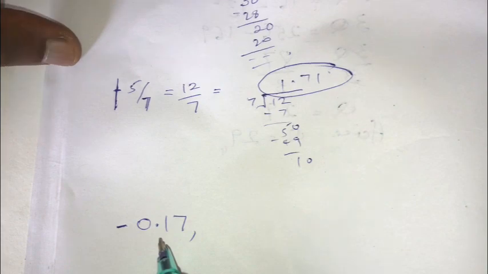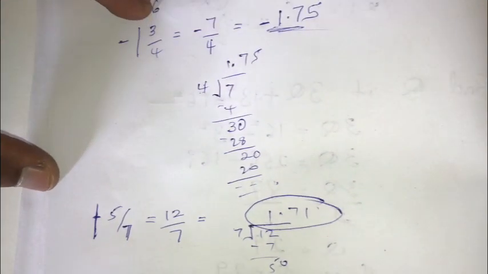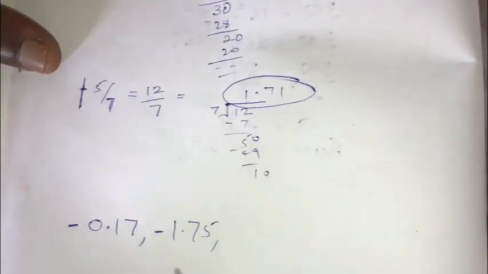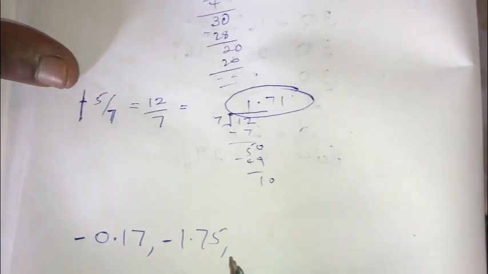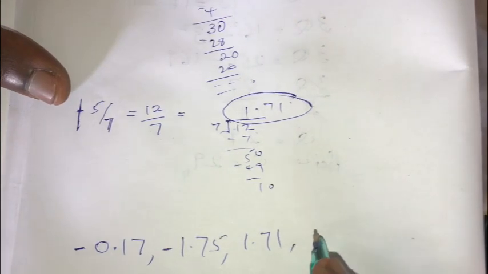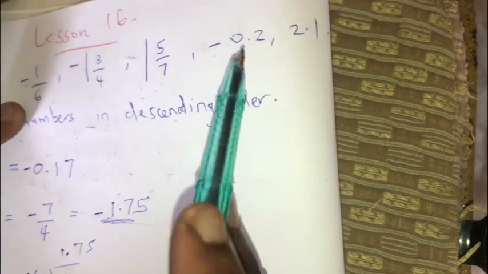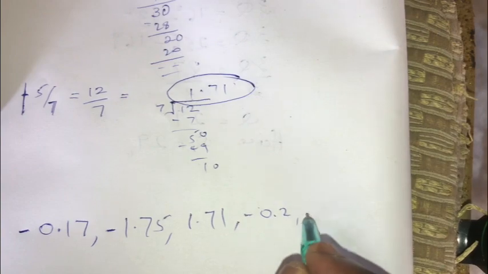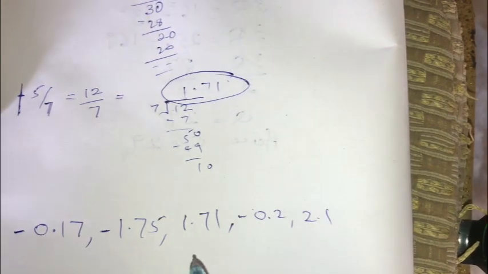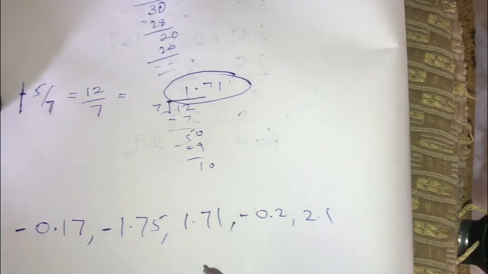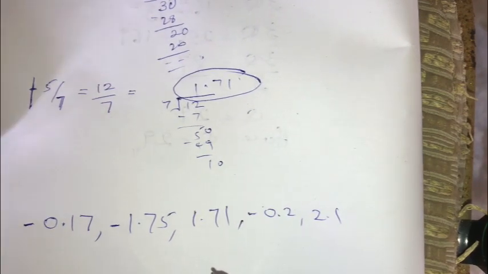What did we get? -1.75. Then the next one, 1 5/7, we had 1.71. Then the next numbers were -0.2 and 2.1. Comparing these decimals in descending order, we are going to arrange from the highest to the lowest.